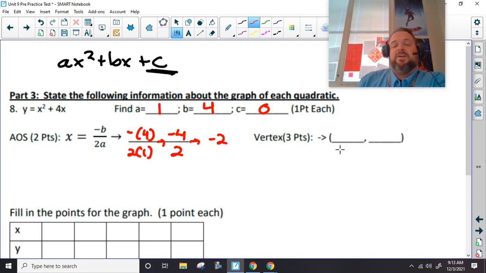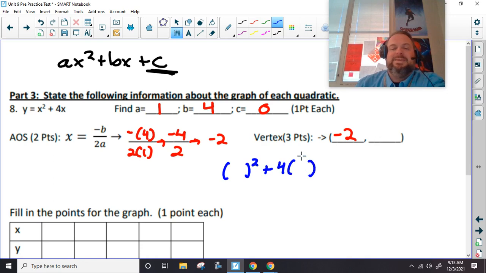Now, our vertex, we know that negative 2 is going to go right here because this is our x. Who remembers how we find the y for the vertex? You actually take this x value and plug it in everywhere we see x right here.